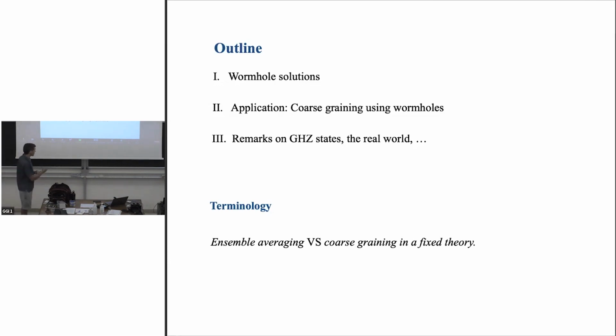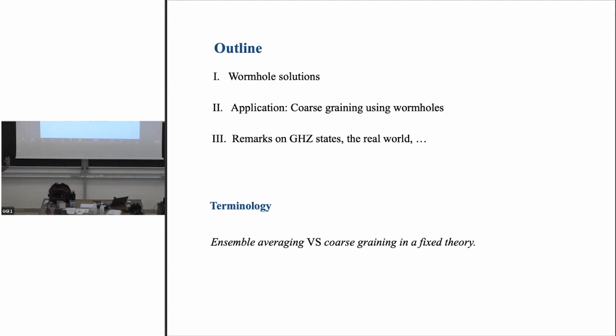Whereas coarse graining is something that you do in a fixed theory to define observables in that fixed theory, and you try to define them in a way that's convenient to you. In particular, a coarse-grained observable is one that's insensitive to UV details, or at least certain UV details. It's not that one of these has to be right and the other has to be wrong.